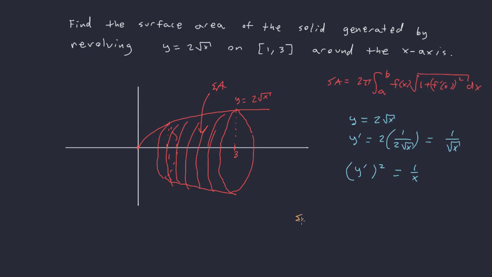So the surface area is going to be 2 pi integral from 1 to 3 of f of x. So we just put f of x in, so that's going to be 2 root x. Then times the square root of 1 plus 1 over x, because that is the y prime squared. All right, then our dx.